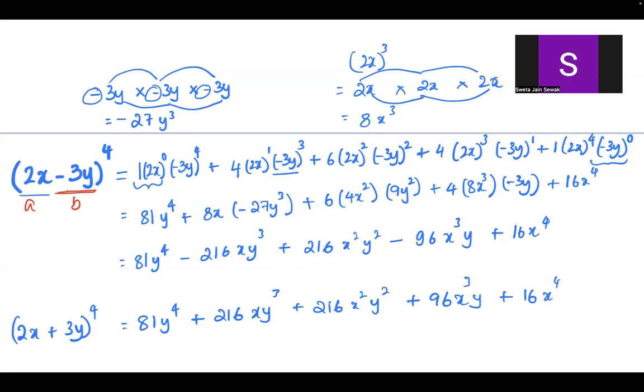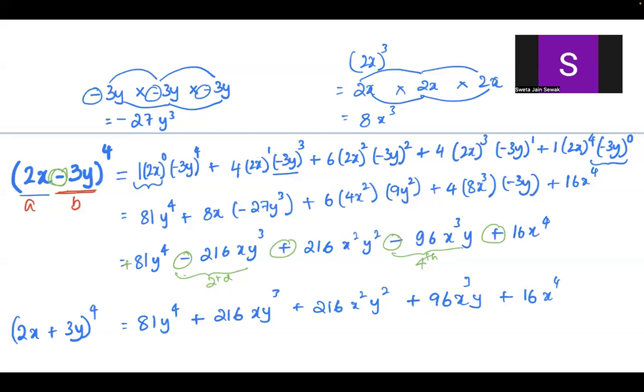So please note that when the sign in the middle is a negative sign, the terms alternate between positive and negative. This is positive, this is negative, positive, negative, and positive. So the even-numbered terms, second term, fourth term, they are negative.